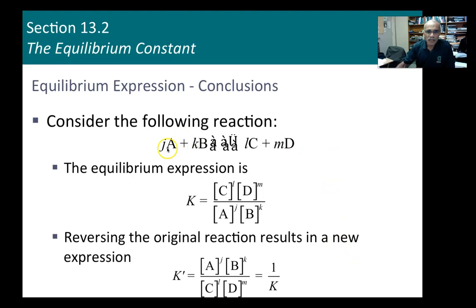If you have the chemical equation here, with the forward and the reverse, you will see that that is the equilibrium constant expression, products raised to their coefficients divided by the reactants raised to their coefficients.